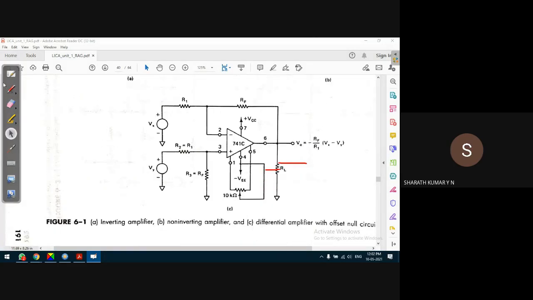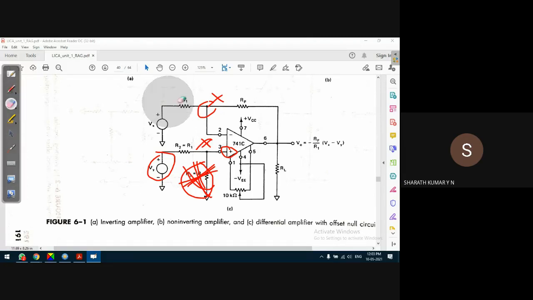Now we can't get a virtual ground because the non-inverting input terminal is not connected to ground at all, assuming that this resistance is not connected initially. It is connected to some voltage. So this point will not be at zero potential, and thereby this point will also not be at zero potential. Then how to achieve virtual ground?